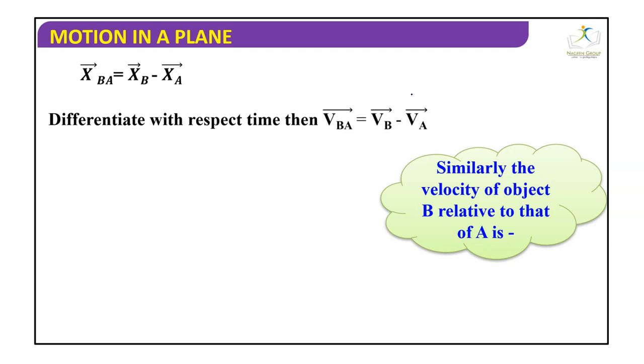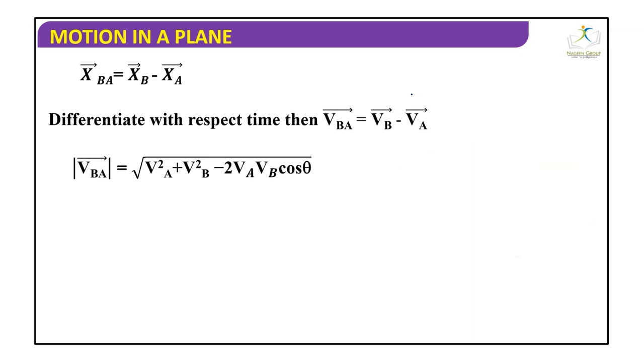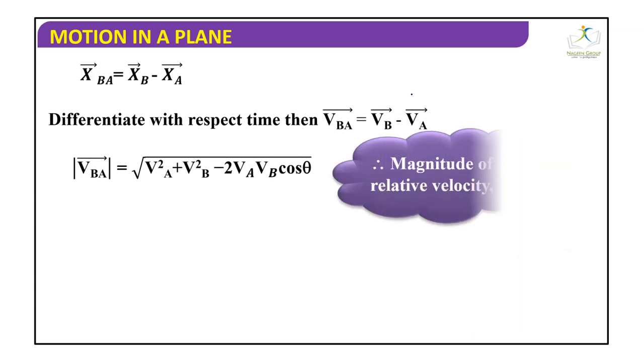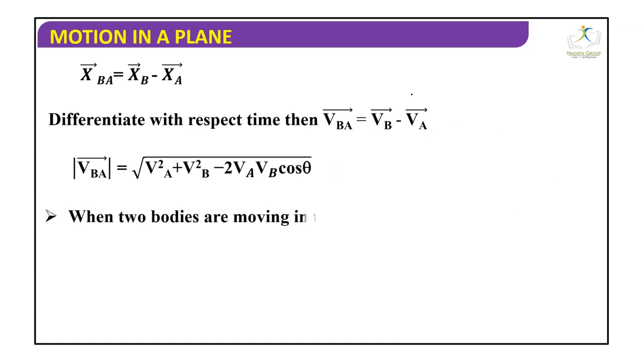Differentiating with respect to time, we get VBA equals VB minus VA. For taking magnitude, we take the mod. So mod of vector VBA equals under root of VA square plus VB square minus 2 VA VB cos theta, where theta is the angle between A and B. So this is the magnitude of the relative velocity.